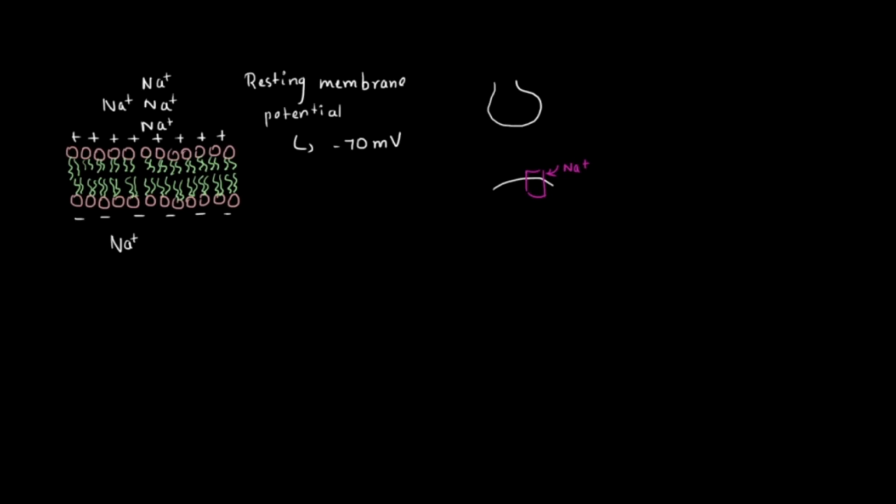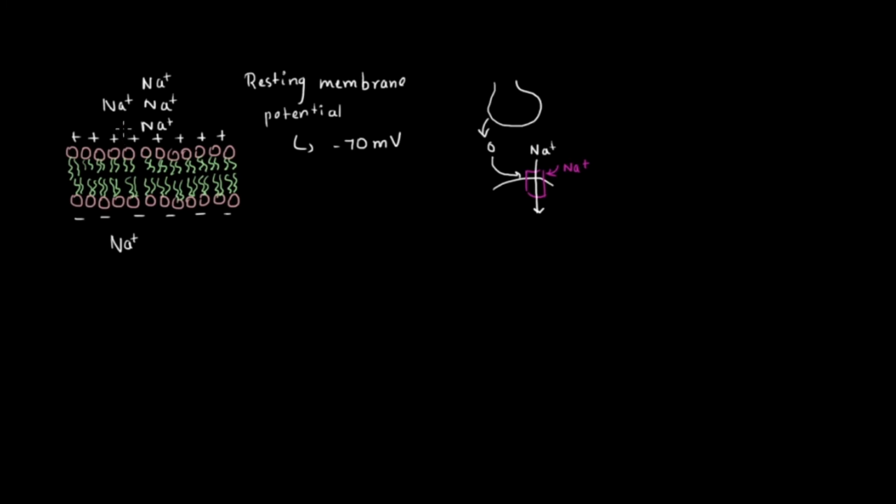When the presynaptic neuron releases a neurotransmitter, this neurotransmitter binds to this gated channel and opens it up, as a result of which the sodium ions move inside the cell.